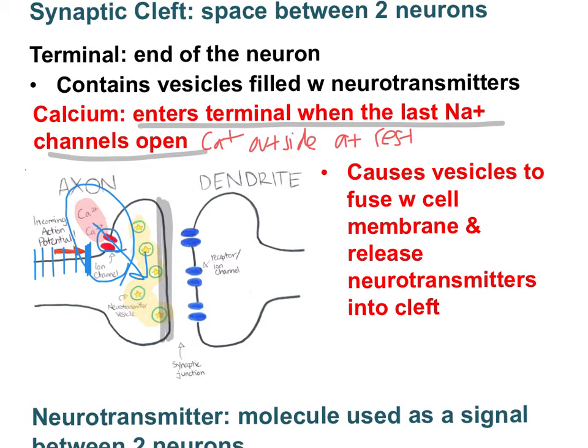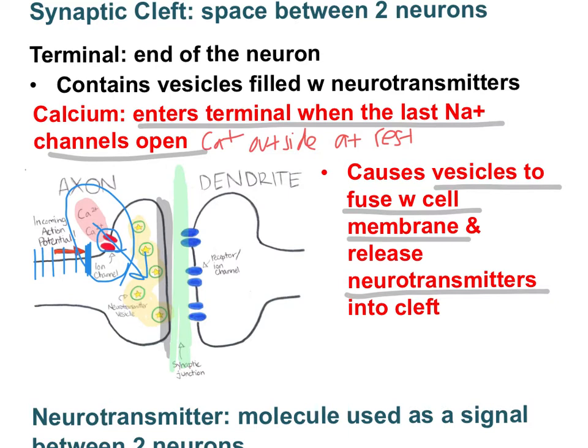Calcium then causes those vesicles to move and fuse with the cell membrane. When the vesicle touches the cell membrane and those vesicles fuse, it causes the neurotransmitter to be released into the space. So the neurotransmitter would then be in this space between the two neurons.